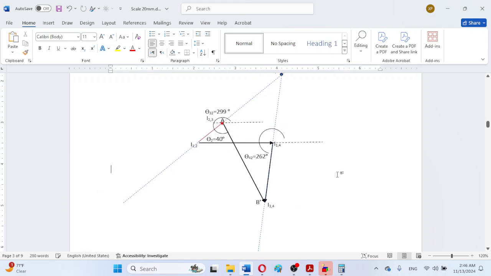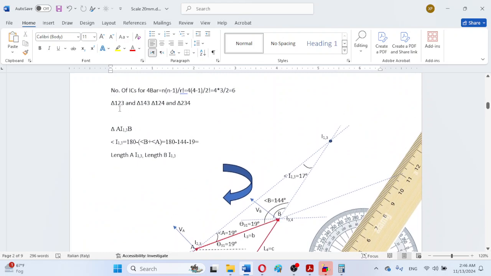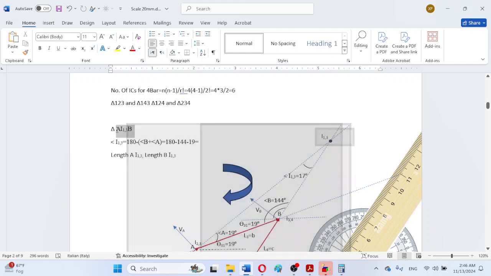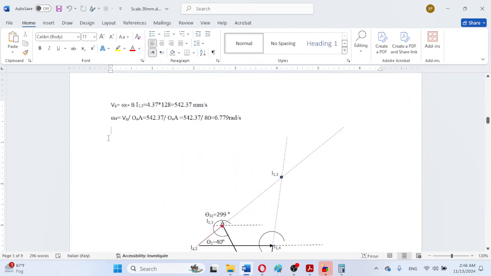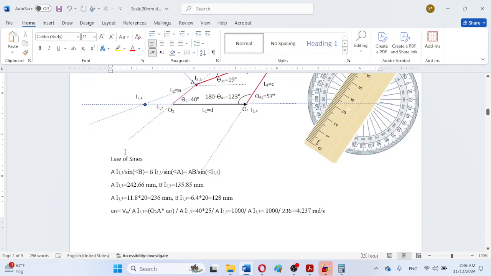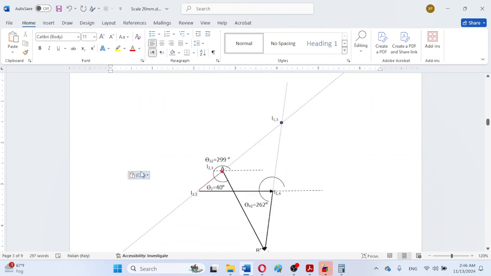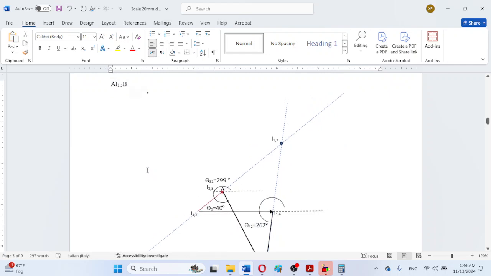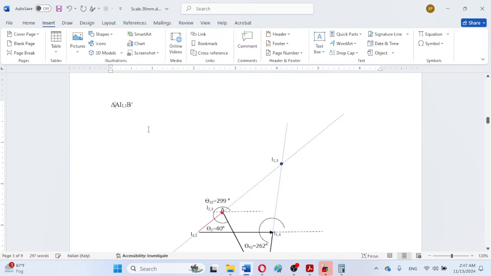So here A, I 1,3 and B dash in the triangle.